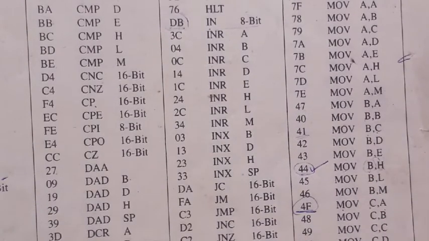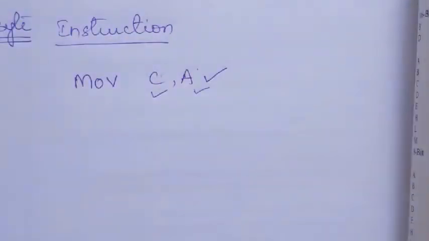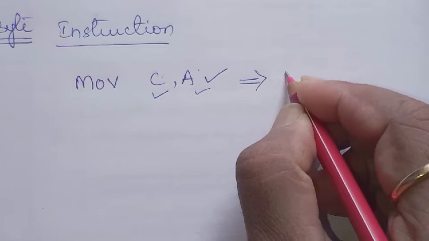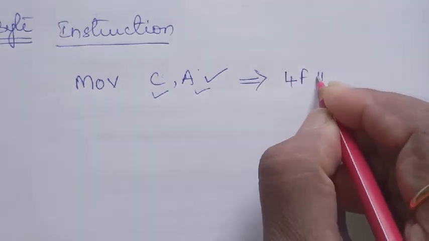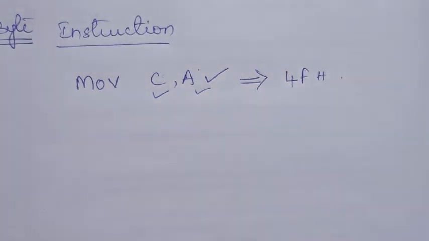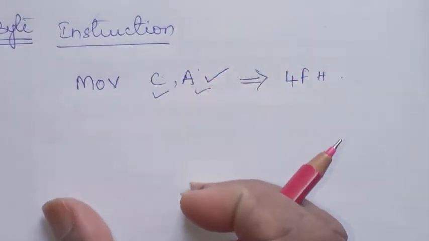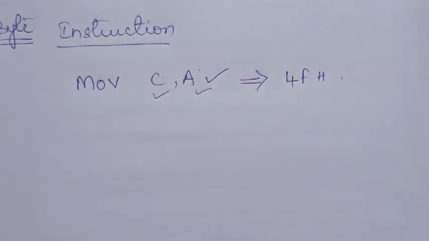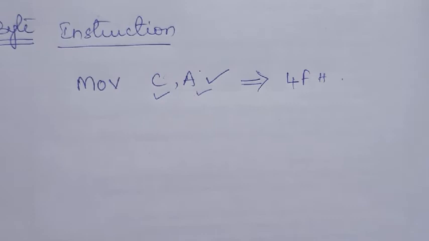So I will write the code as 4F in hexadecimal. This way I write all the instructions, then code them using these code sheets, and then feed this code to the memory and tell the processor to execute.